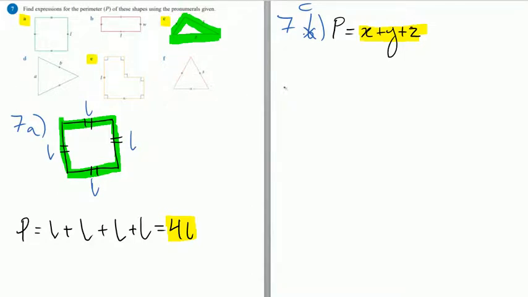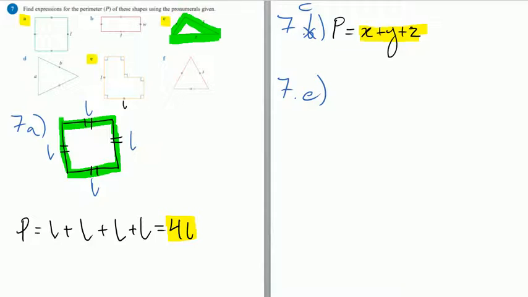Finally, we look at 7E. In 7E, we have this shape. Straight away, we see two dashes here and two dashes here, so we can put in an L over there. But the problem is we don't actually know the length of these sides at the moment.